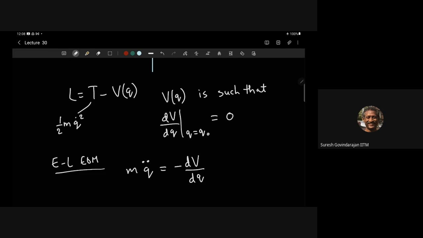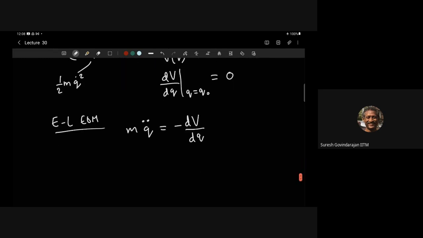So when Q equals Q0, dV by dQ is 0, so this implies m q double dot equals 0, that means no force.